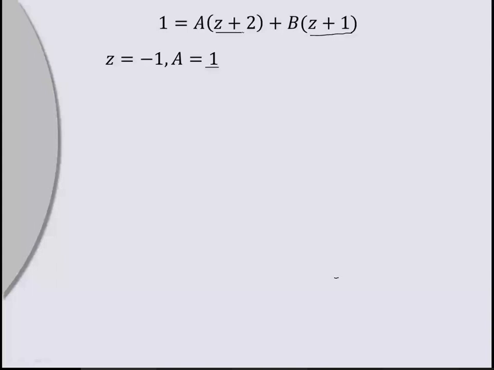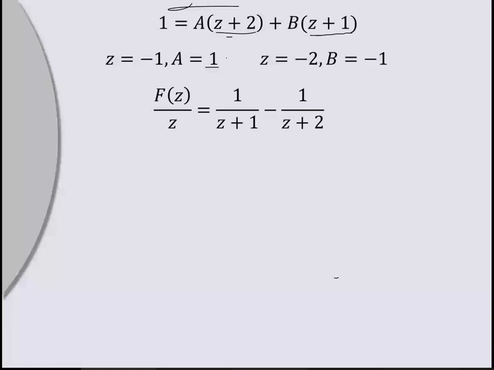When z is minus 2, since minus 2 plus 2 gets cancelled. Minus 2 plus 1 is minus 1; taking that minus sign to the other side, we get B is equal to minus 1. So the values of A and B can be found by proper substitution for the z terms. B will be minus 1, A is 1. Put these values into F of z by z. So F of z by z is equal to 1 upon z plus 1 minus 1 upon z plus 2. Now take z to the other side.